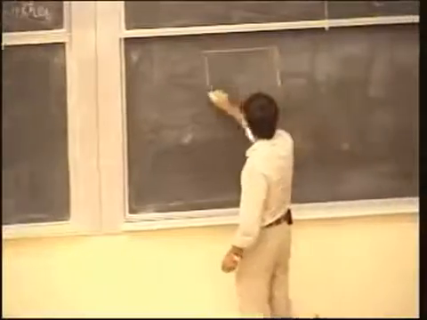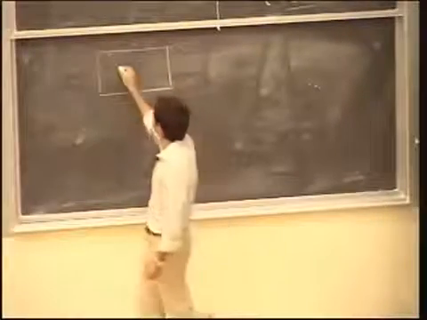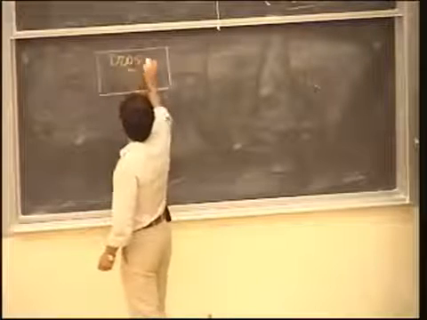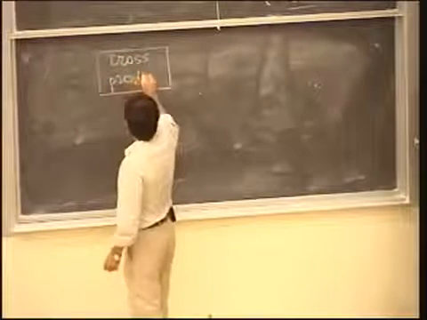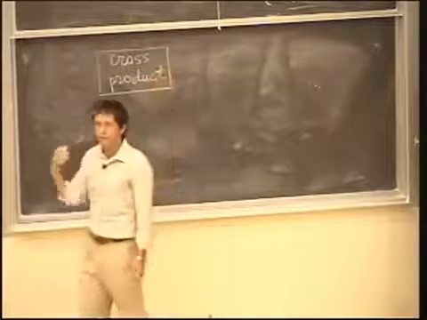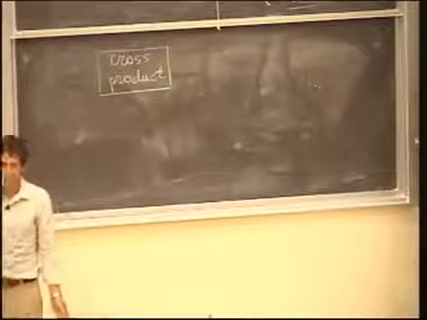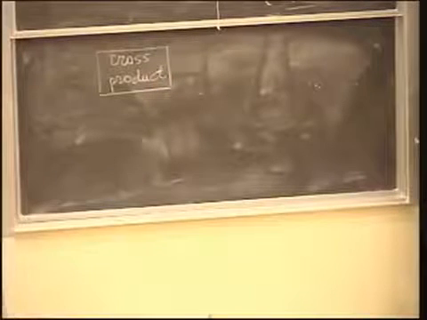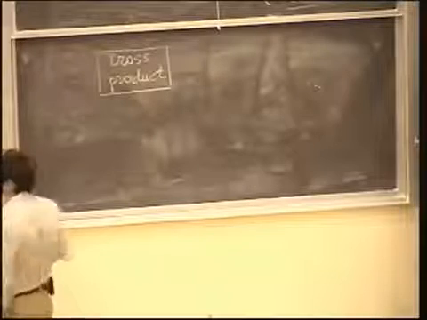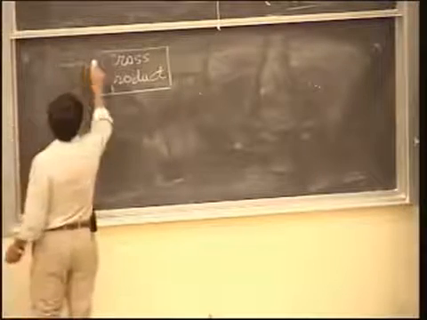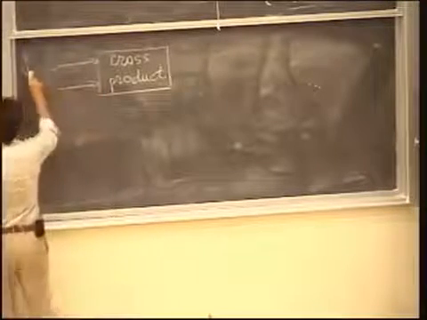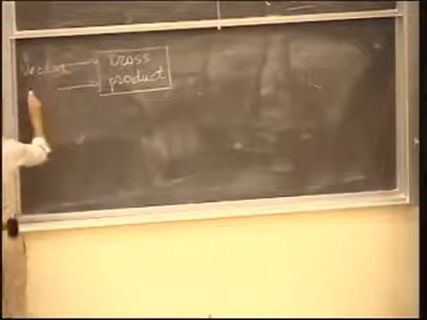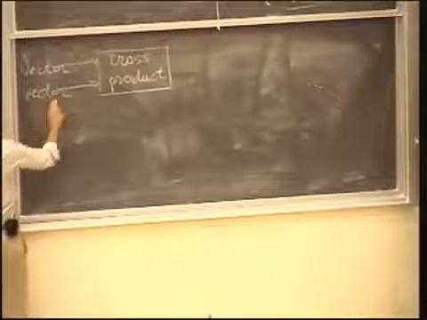So the second operation is a cross product. And again, I would like to think of it as a black box which has certain input and certain output. But now the input will be the same as in the case of a dot product. The input will consist of two vectors, vector number 1 and vector number 2.